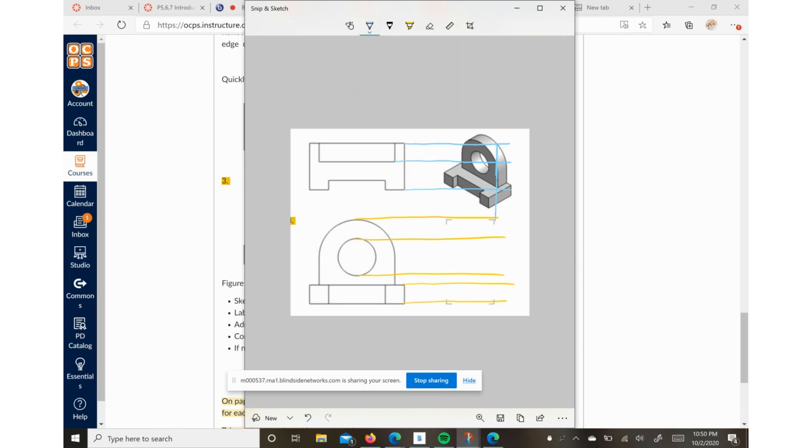The biggest portion that we know is that this distance is the same as the distance here. This is our depth, and it needs to be square along this side.